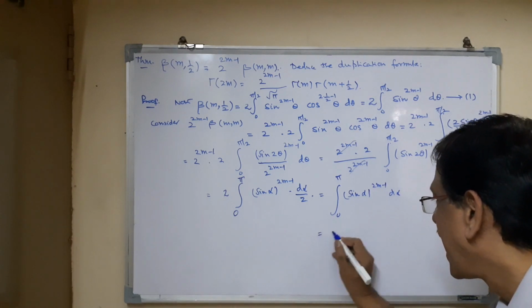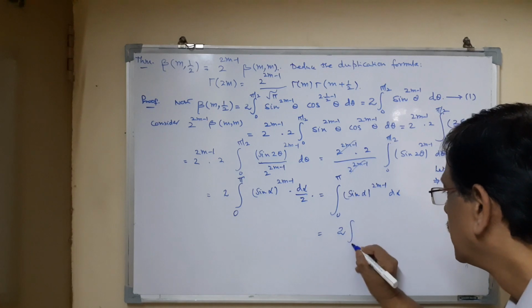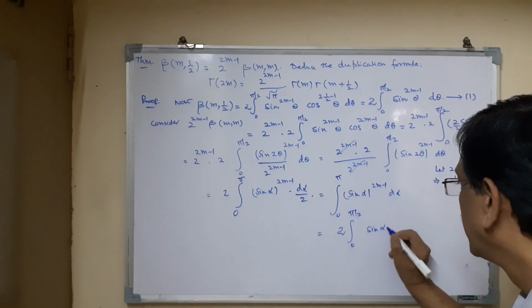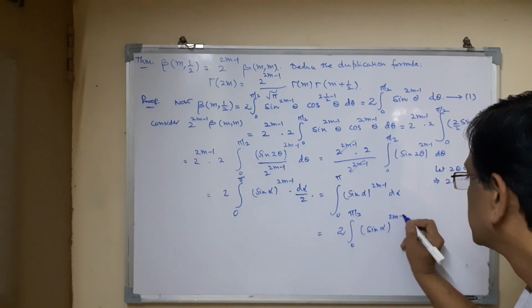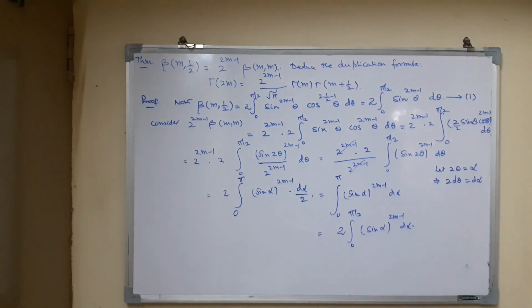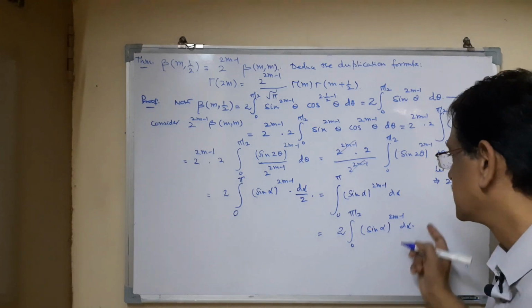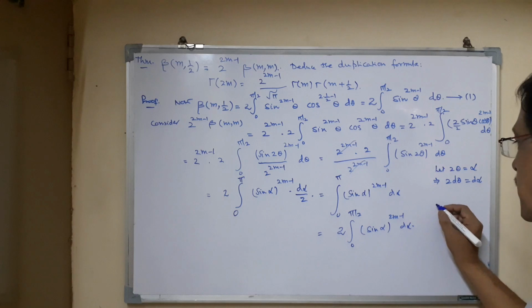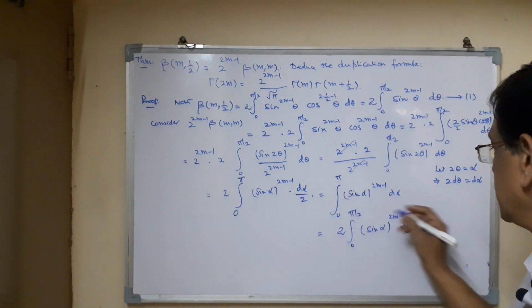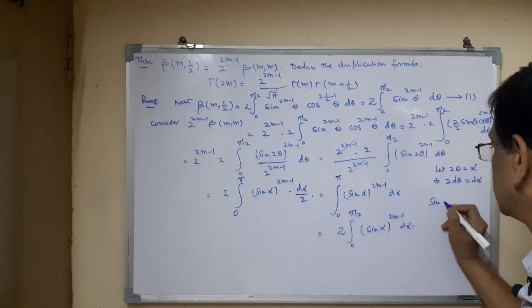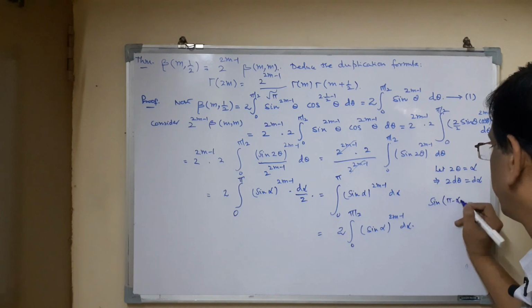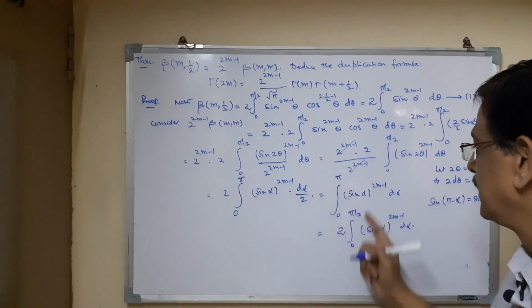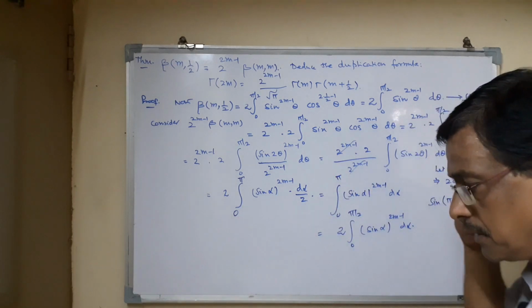This I can write as twice integral 0 to pi by 2 sine alpha power 2m minus 1 d alpha. How is this valid? In what way can I write this down? A simple way: sine of pi minus alpha is sine alpha, so integral 0 to 2a will be twice integral 0 to a.